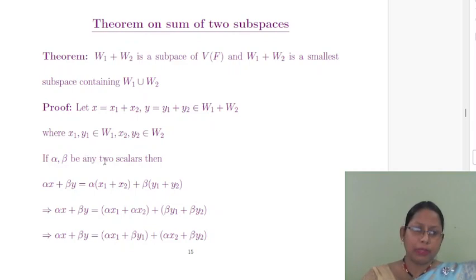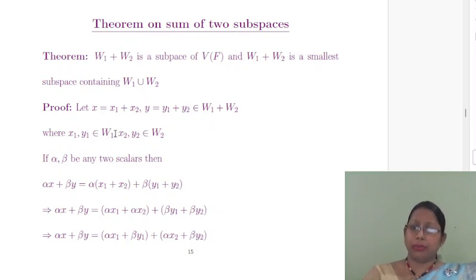Since alpha, beta belong to F and x1, y1 belong to w1, so alpha x1 plus beta y1 belongs to w1, as w1 is a subspace. Alpha and beta are scalars, so alpha x1 plus beta y1 belongs to w1. This is from the property of subspace.